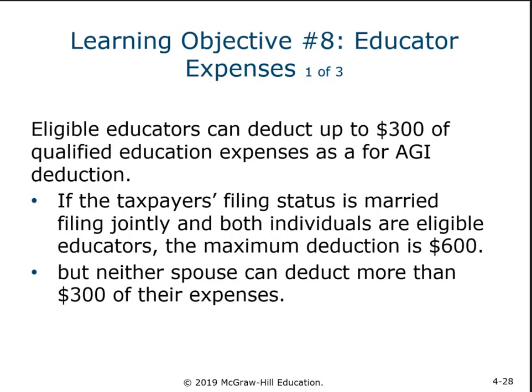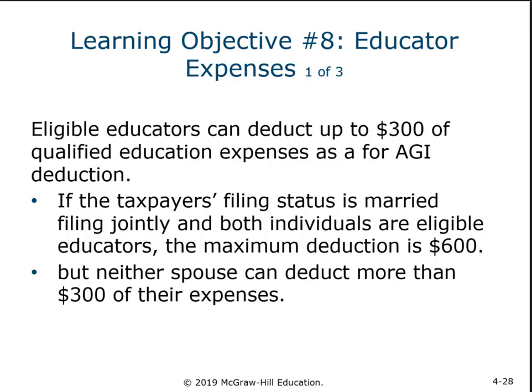All right, educator expenses. The thought is that many elementary K through 12 teachers pay for certain things out of their pocket for their classrooms because there's budget constraints at their schools. So they put this in.